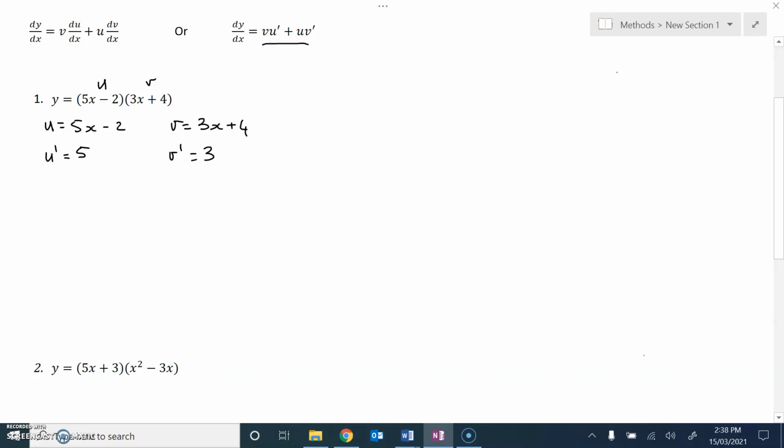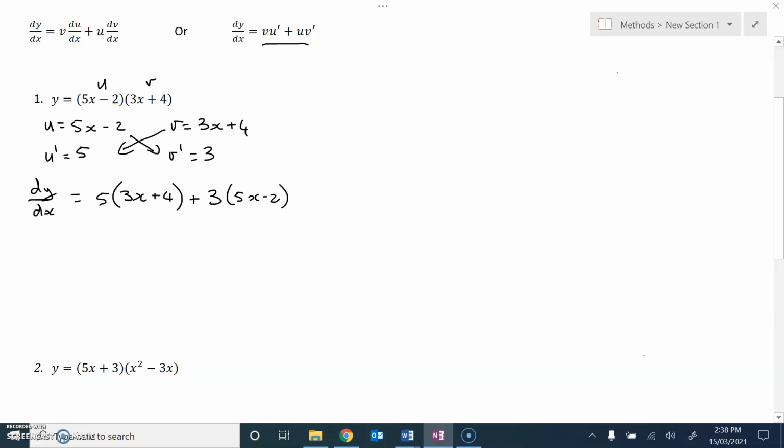And then the derivative of y with respect to x is going to be v times u dash, so 5(3x plus 4) plus u times v dash. I'll just put them in this order to make it easier.